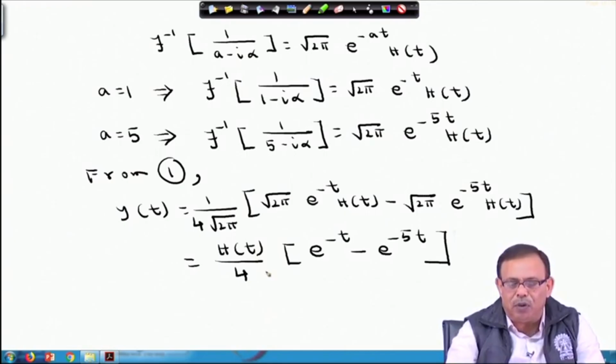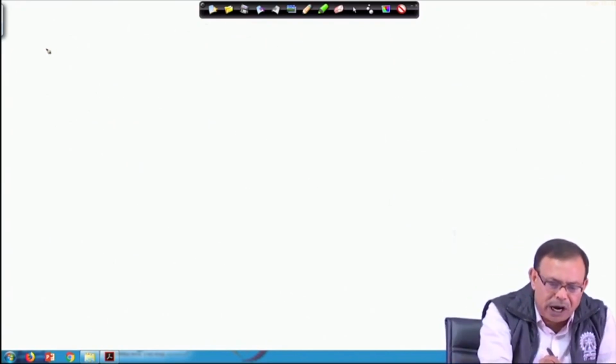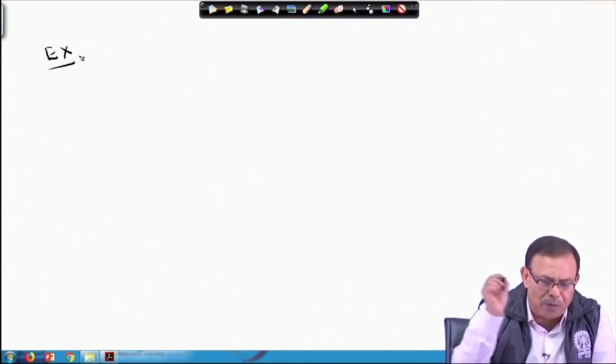That is, y(t) equals h(t) by 4 into (e power minus t minus e power minus 5t). You can say for t greater than 0 it equals 1 by 4 into (e power minus t minus e power minus 5t), and for t less than 0 the value will be 0. In this way we can solve one ODE. Let us take one more example and then we will go to the next topics.